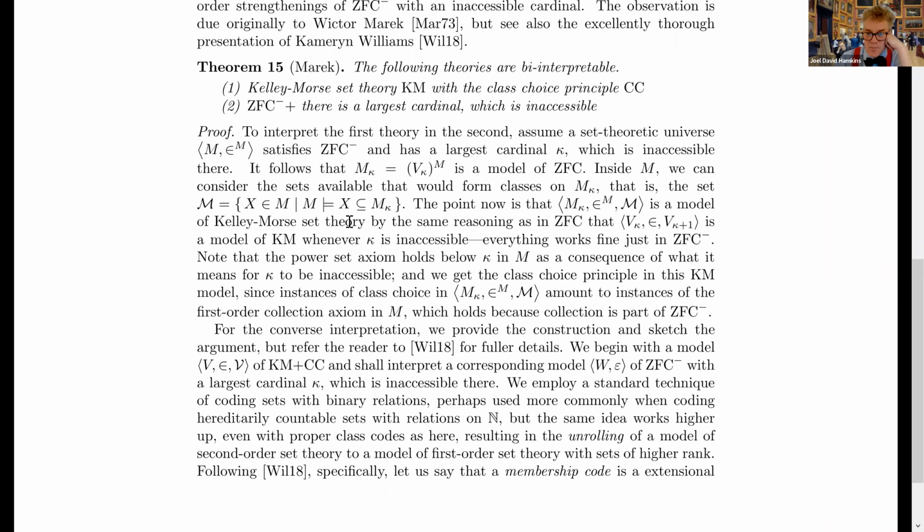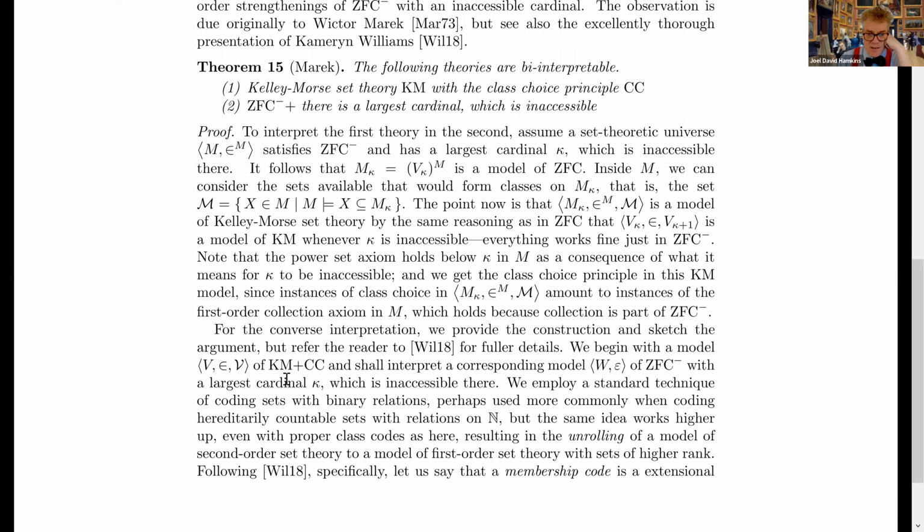I'll first do the easy direction. If we have a model of ZFC minus with the largest cardinal kappa, which is inaccessible, then we can just take the V kappa of that model together with all of its subsets. That is going to be a model of Kelly-Morse with the class choice principle. The hard part is really the other direction.